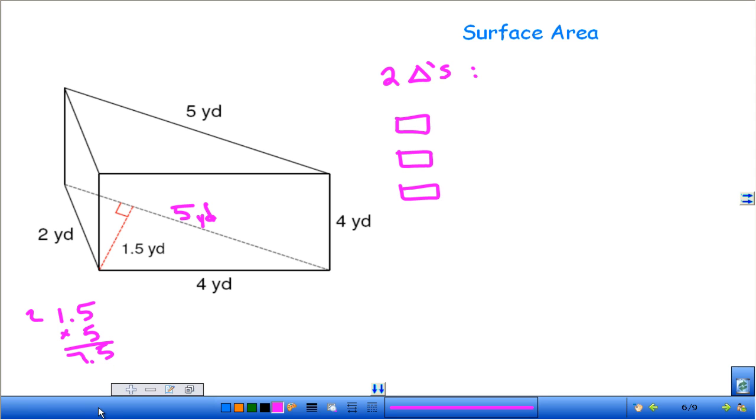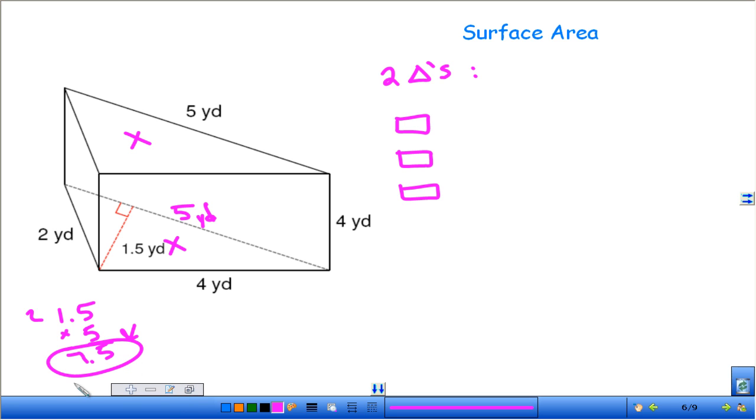And then to find the area of the triangle, we divide by 2, right? But in this case, we're going to multiply these by 2 when we're done anyway. So can we just leave it? Yes. So I'm saying right now that the area of this triangle and this triangle together is 7.5. Does everybody see how I did that? It's kind of a little trick.